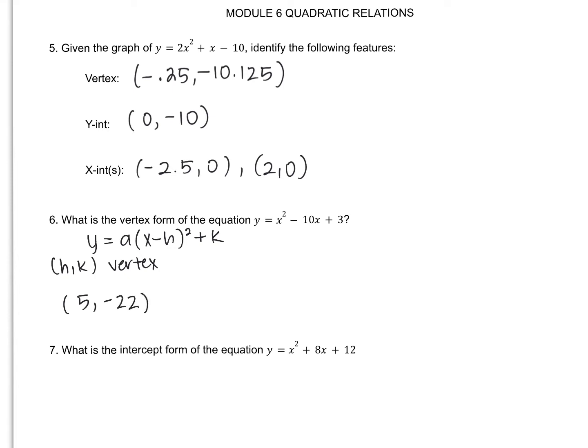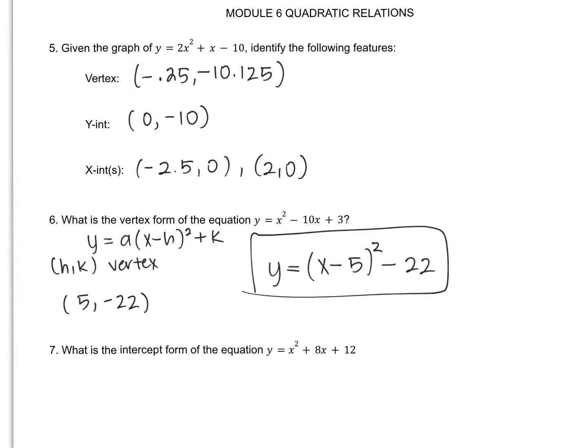So when it comes to vertex form, we're going to do y equals a, where a is the number in front of x squared. In this case, the number in front of x squared is 1, so a would also be 1, which we typically don't write. Then I'm going to do x minus my x value for my vertex, which is 5, squared, and then plus k, but because k is -22, I'm going to write -22.